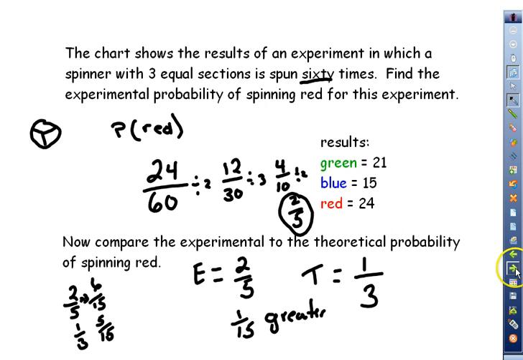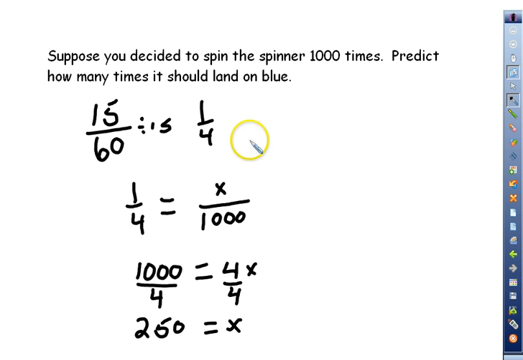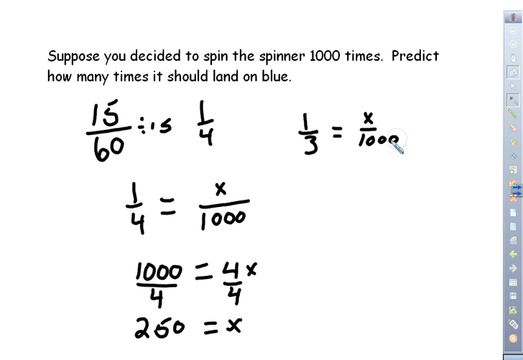Okay. Now if we were to do the theoretical, then we're looking at 1/3 equals x over 1,000, and you get 1,000 equals 3x, dividing both sides by 3.